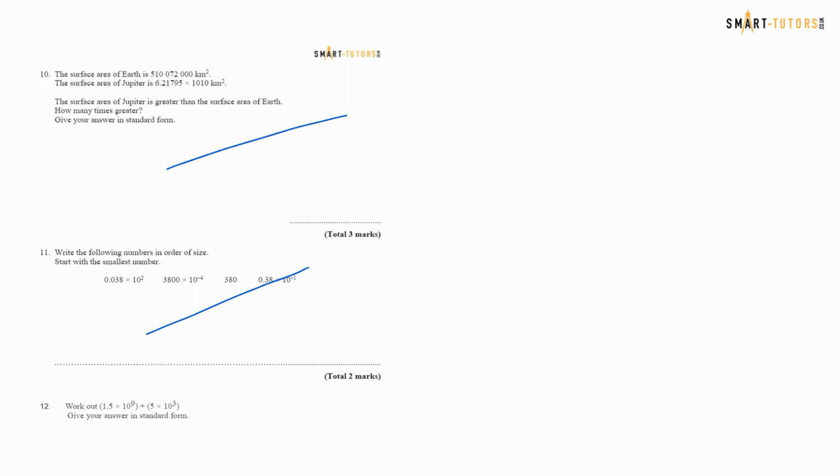Question number 12. So question number 12 is 1.5 times 10 to the power 9 divided by 5 times 10 to the power 3.